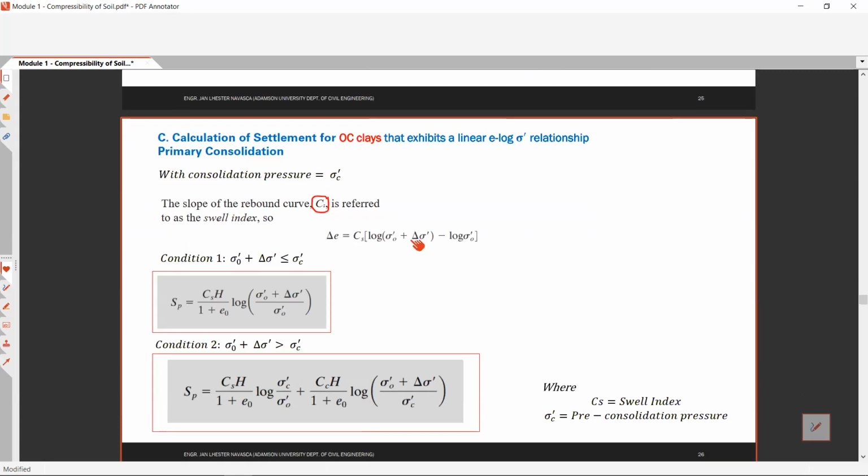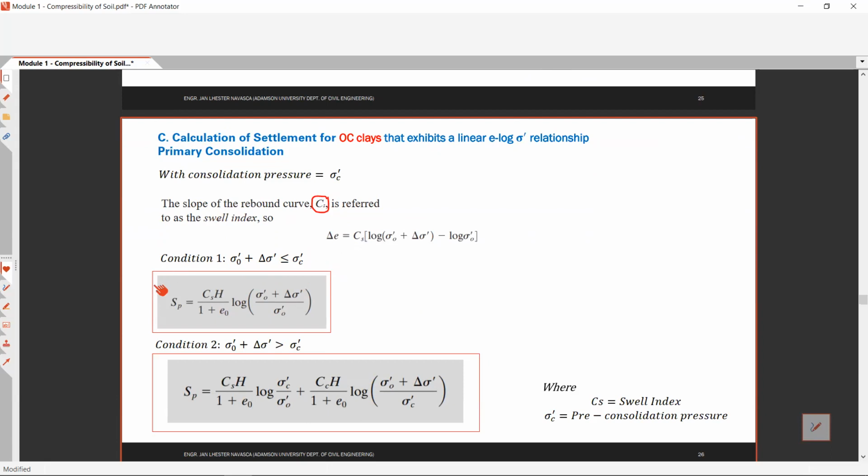Okay, so for condition 1, for over-consolidated clay, ito yung time na yung effective overburden pressure mo plus the induced pressure at the ground surface is less than or equal to the pre-consolidation pressure. Mas mataas pa rin yung pre-consolidation pressure.